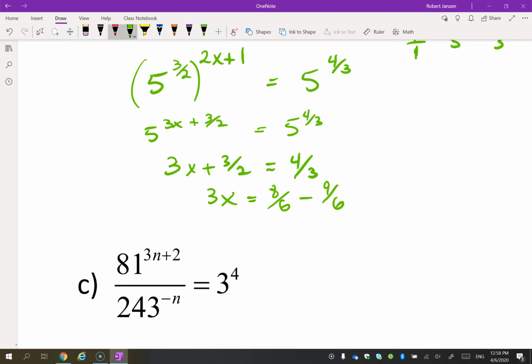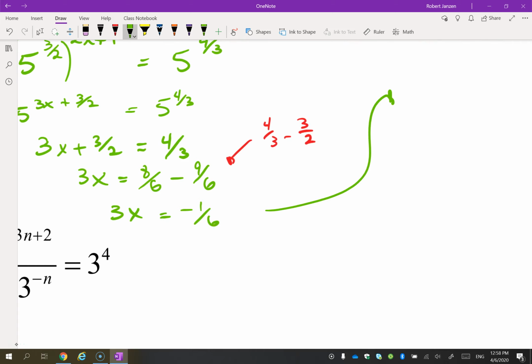Okay, so in case you're not sure, where did this come from? This is 4/3 take away 3 halves. And I made common denominators. Okay, so you get 3x is -1/6.